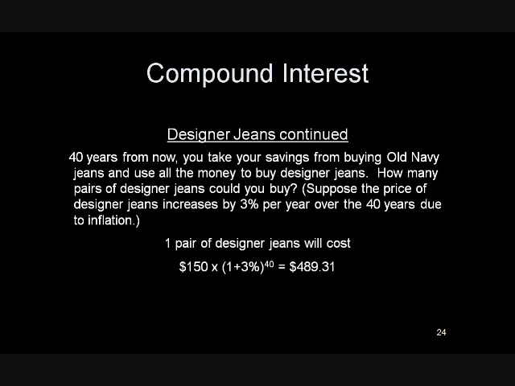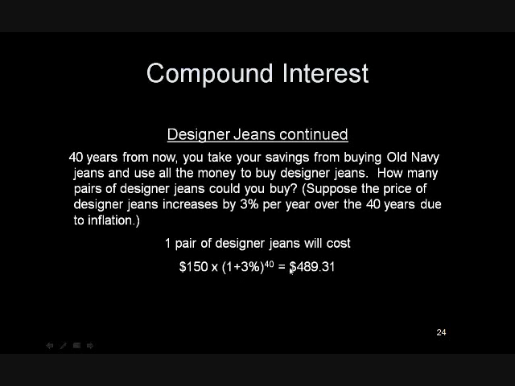So the first step here is to figure out how much a pair of designer jeans is going to cost 40 years from now. So if it costs $150 today, and it's increasing 3% every year, then what you would do is you would multiply 150 times 1.03 40 times, because if it increases 3% every year, then you basically need to multiply it by 1.03 40 times, once for every year that passes.